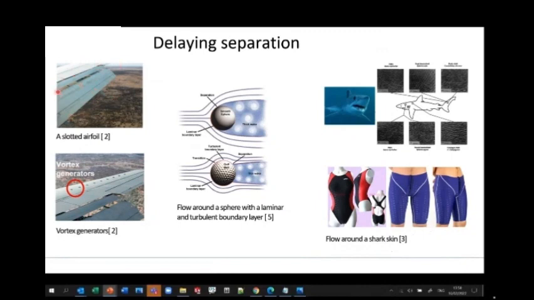Well, additional airflow is introduced from underneath the foil. So we're introducing kinetic energy on top of the wing here. So that introduction of kinetic energy will delay the separation point, and therefore we will see reduced drag, increased lift.